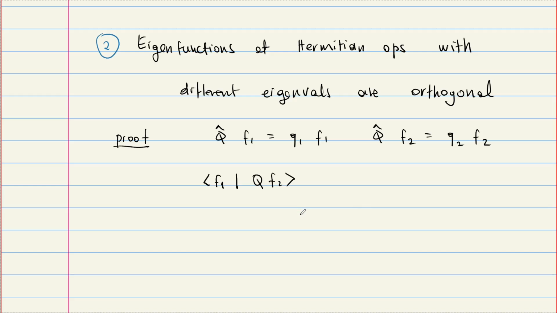So this thing we know is Q2 F2 from this equation. And I can carry this here, right? And this is Q F1 F2. But now I know this piece is Q1 F1. And I know Q1 and Q2 are real because we just proved it.